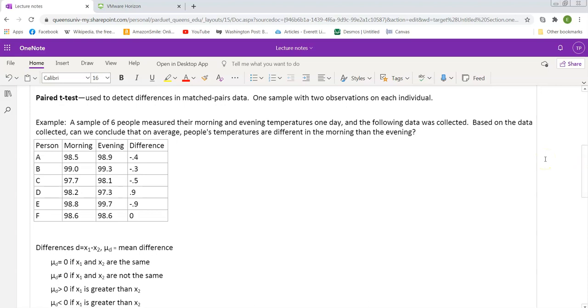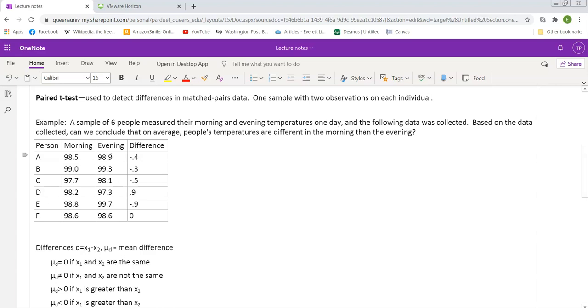So the paired t-test, as I said, is when you've got 2 observations on the same data, but they're repeated measures. So I've got this example here, which I made up. You've got 6 people, and they measured their temperature in the morning versus in the evening. And we want to just know if people tend to run warmer in the morning versus the evening, if there's a difference at all.